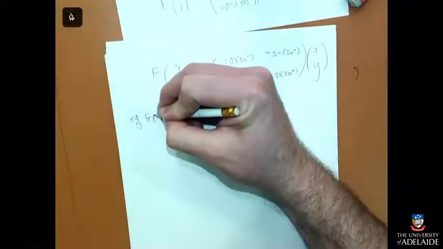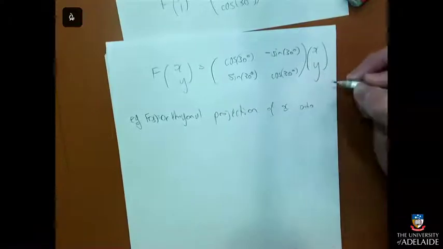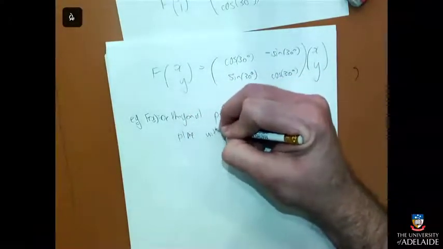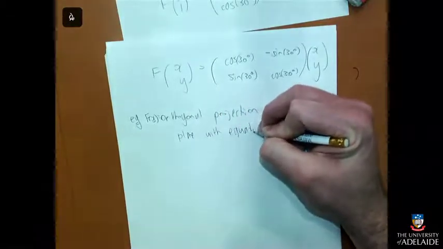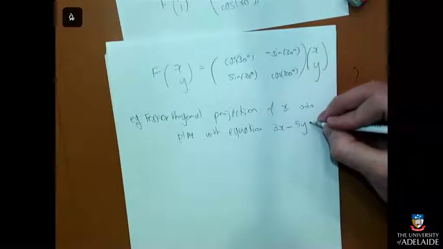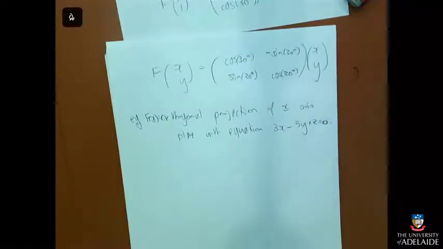So this time f of x is the orthogonal projection of x in R3 onto the plane with equation 3x minus 5y plus z equals 0. That's a really fancy linear transformation. It's very difficult to describe. It's the orthogonal projection of a point onto a plane with a certain equation. How am I going to find the matrix for that?